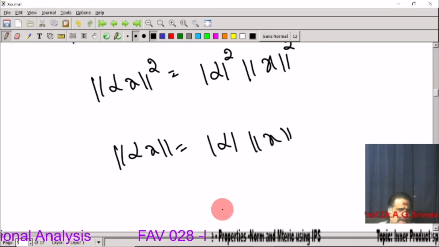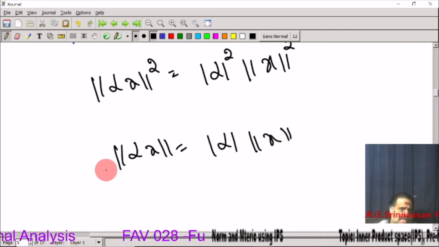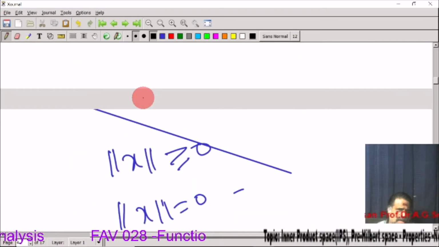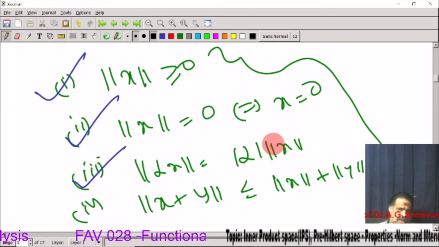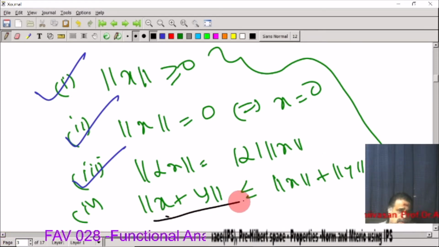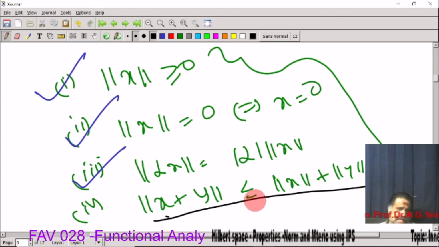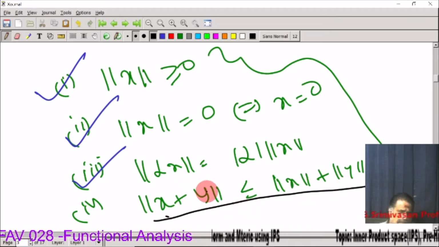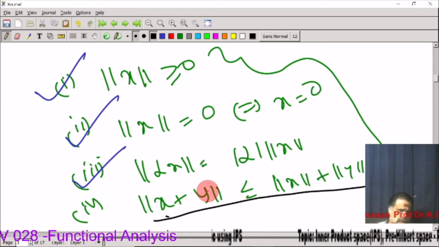So it's easy to verify that the third axiom, norm alpha x equals modulus alpha and norm x, is verified. Now we need to prove that norm x plus y is less than or equal to norm x plus norm y. If we prove this for this inner product norm, then it is easy to show that it is a norm.